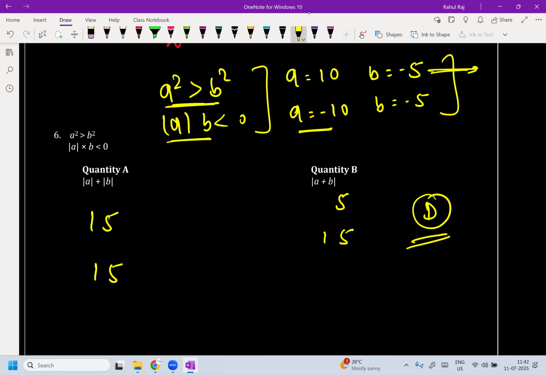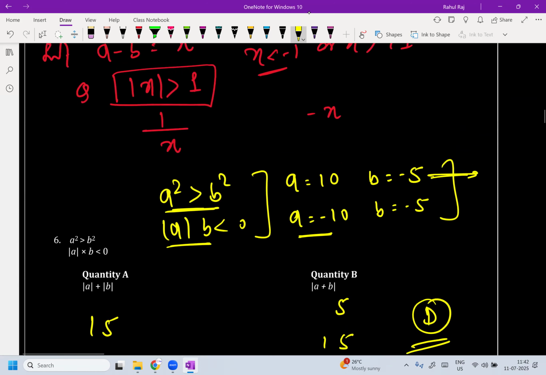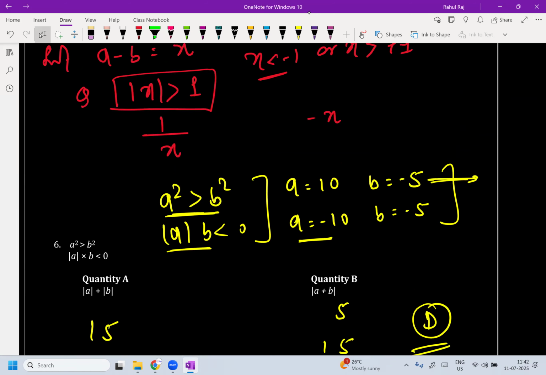That's why I was saying, okay, take your time. Don't rush it at all. I was looking at the signs actually. That's what I was telling you now. In mod questions, what happens?